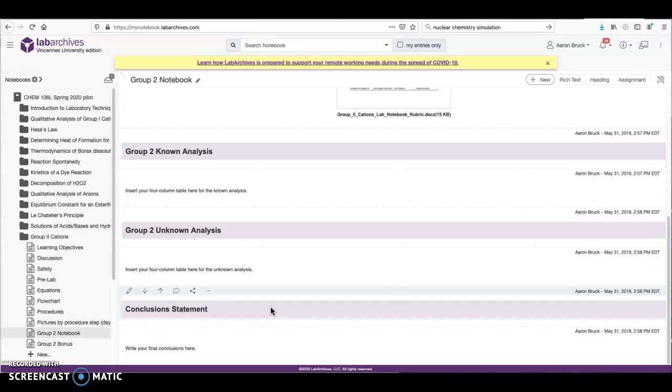Since you're not actually doing the procedures yourselves, it negates the purpose of having the quiz. So you will conduct the unknown analysis and make inferences, analyses and conclusions based off of those, but you will not actually do a quiz.